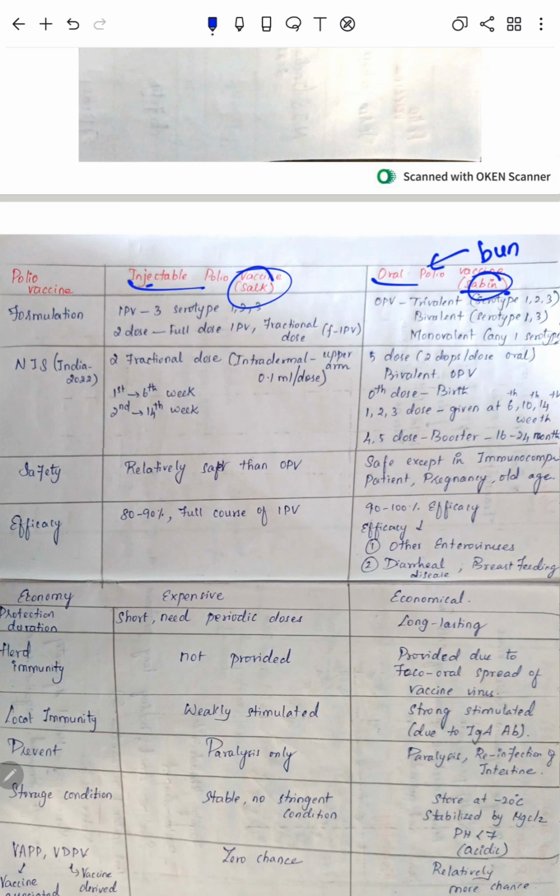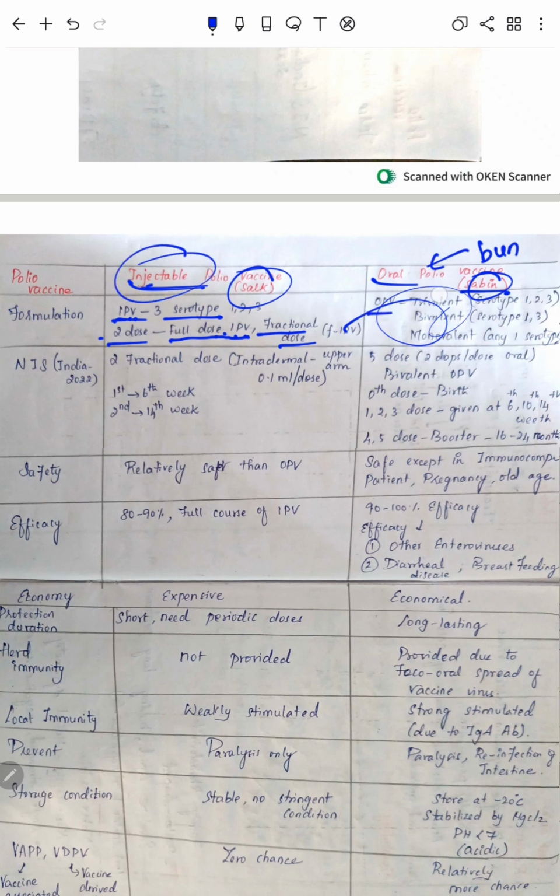Okay, the formulation of the injectable polio vaccine is IPV. Injectable polio vaccine is of 3 serotypes, 1, 2, 3. There are 2 doses, full dose injectable polio vaccine and fractional dose. Only a fraction of the vaccine is given here.